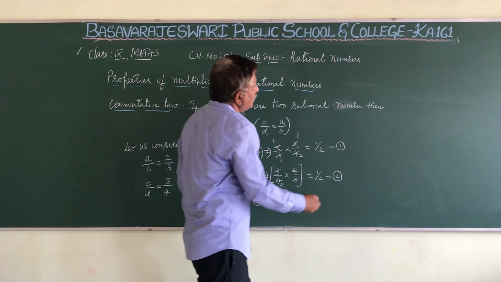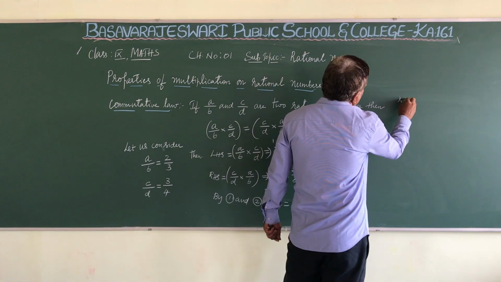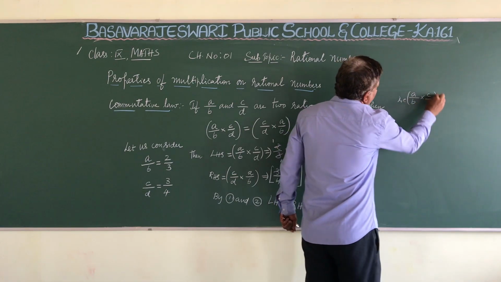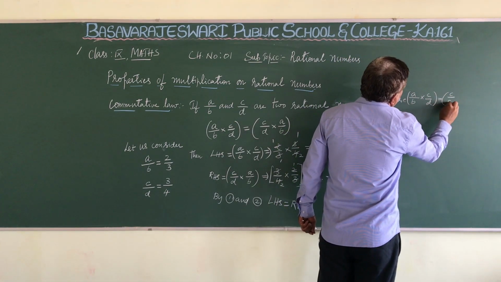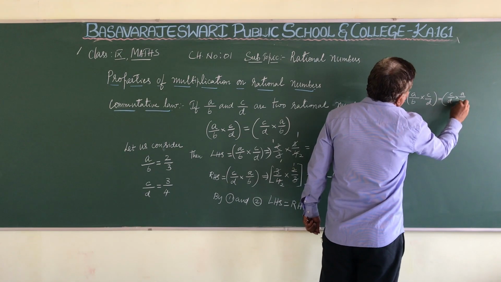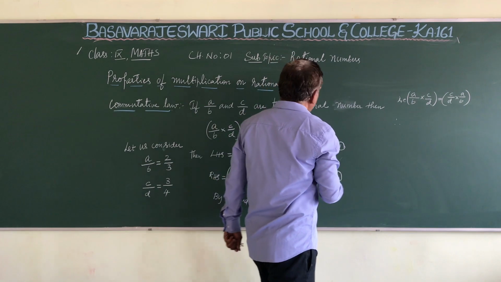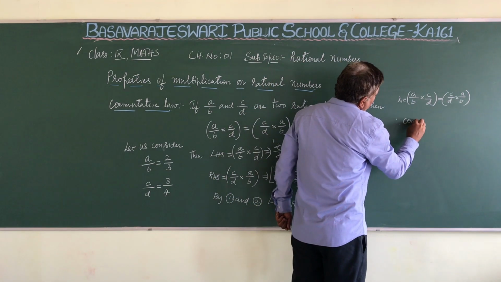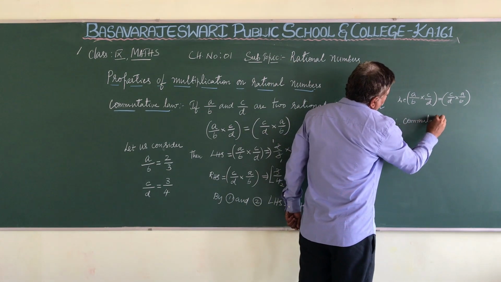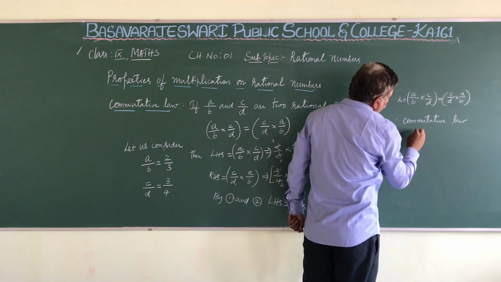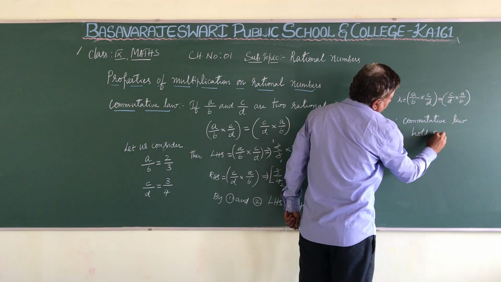That means A by B into C by D is equal to C by D into A by B. So therefore the commutative law holds good or is satisfied.